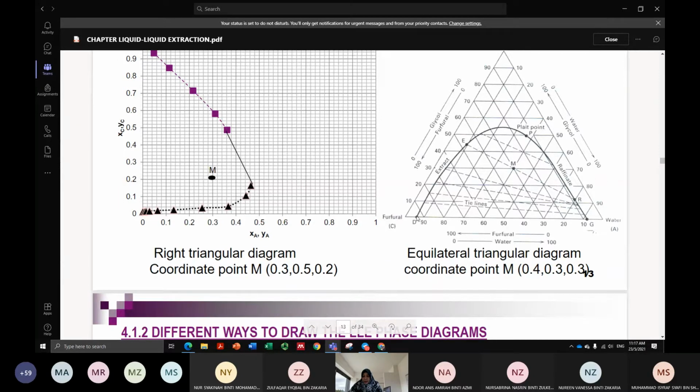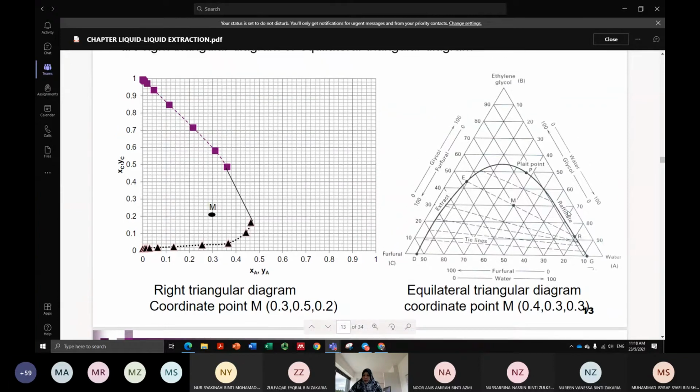When you talk about the extract layer and raffinate layer, raffinate is your product, extract is also your product. Both extract and raffinate must have equilibrium composition. So when you go to the lab and want to take the sample of your extract, you take the sample for your extract at the same time as the sample for your raffinate.